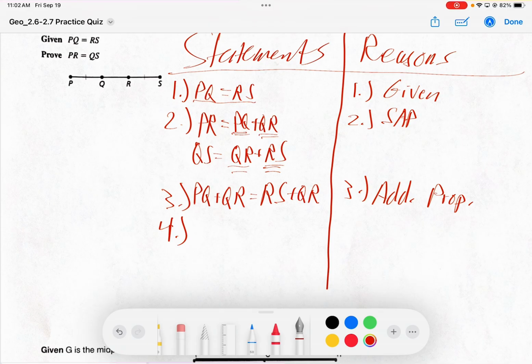PR. What is QR plus RS? QS. So that's how I can say that PR is equal to QS. And the reason for that would be substitution. Because we substituted in PR for PQ plus QR right there, and same thing with QS. So substitution property.